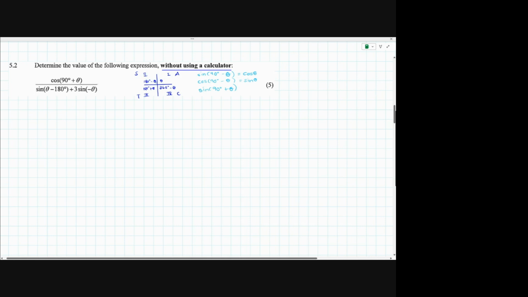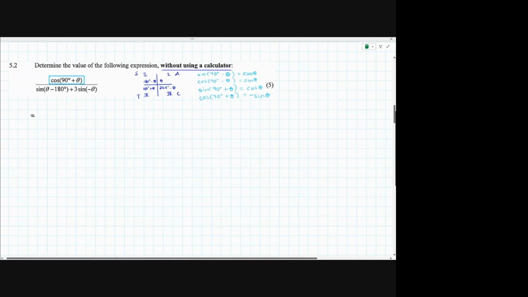In quadrant 2, sine is positive, so this is just cos theta. However, when we get to cos of 90 plus theta, because we're in quadrant 2, cos is negative, so this becomes negative sine theta. Everything else positive except for that cos 90 plus. Right, now that's important because as you can see, right in my numerator, straight off the bat, cos of 90 plus theta. So we need to use our reduction formulae and our co-ratios to answer this question.